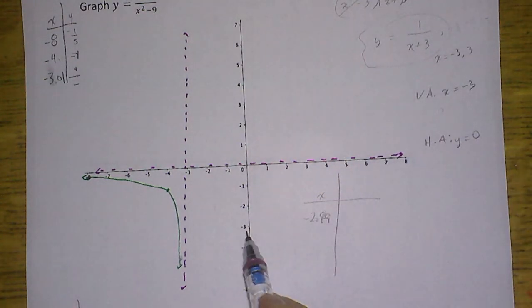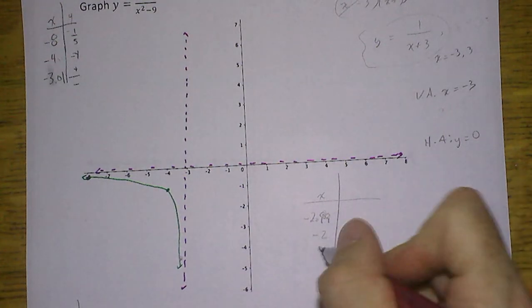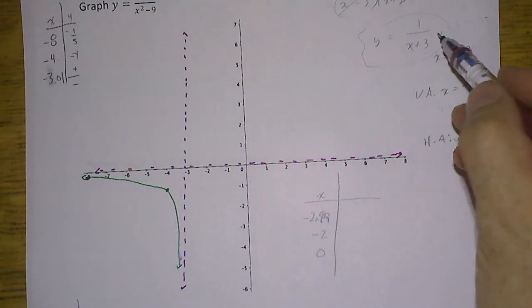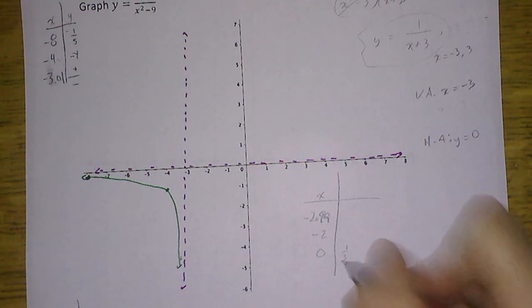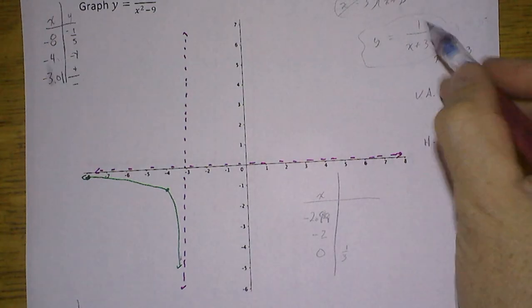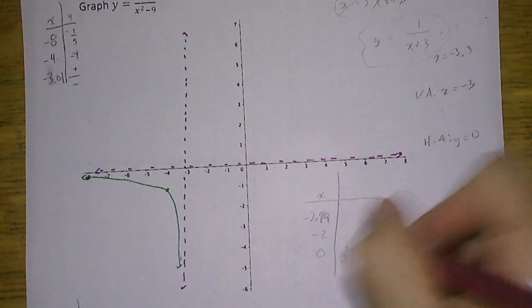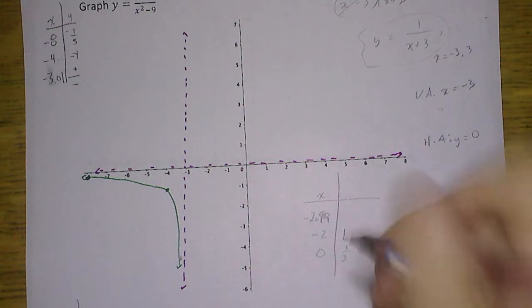That is approaching negative 3, but from the positive side. Negative 2, and let's say 0. So when x is equal to 0, my y value is positive 1/3. When x is equal to negative 2, 1 divided by negative 2 plus 3, my y value is 1.